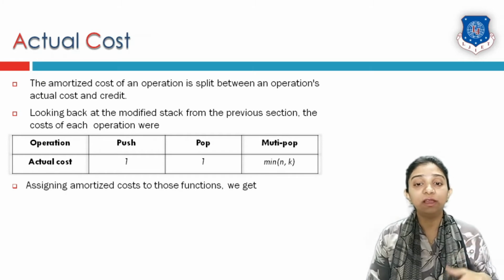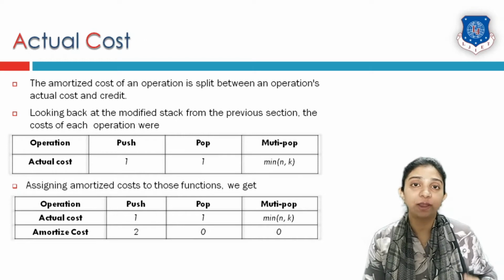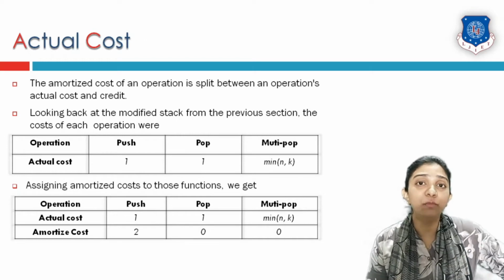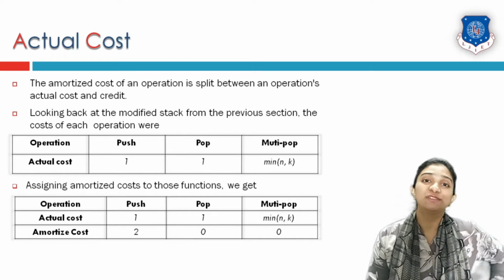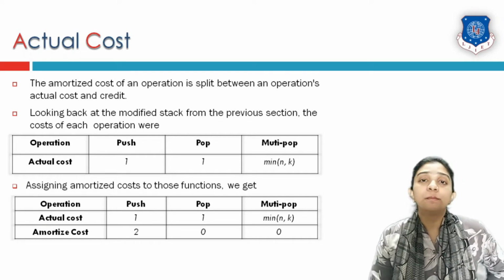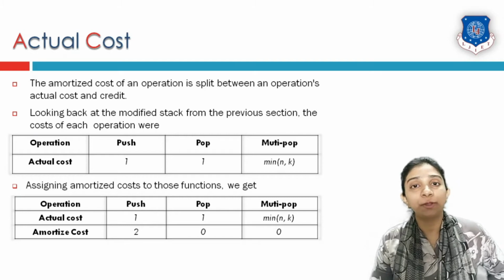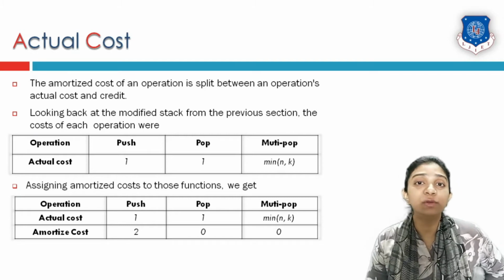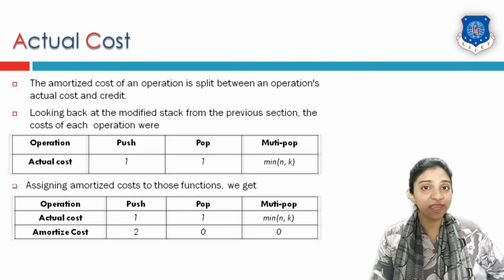Now, assigning amortized cost to all these functions, the push operation has an amortized cost of 2 because each push can also be followed by one pop. The pop operation has an amortized cost of 0 because no extra cost is required in this case.